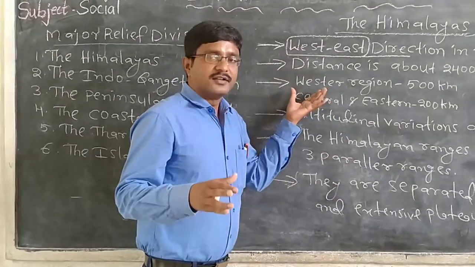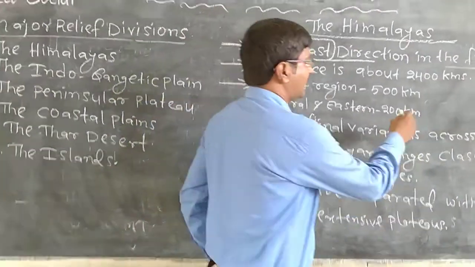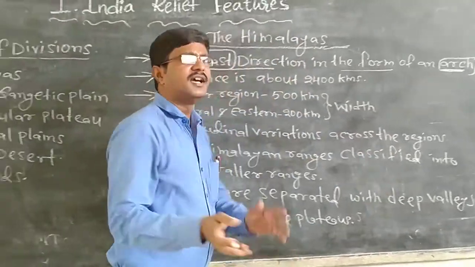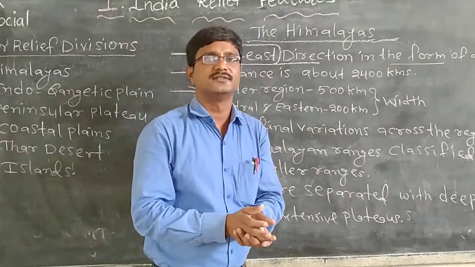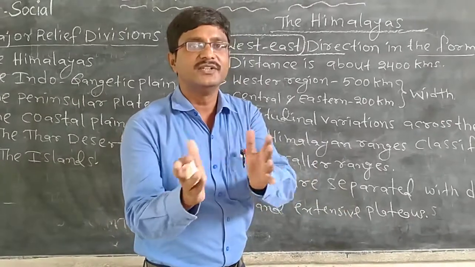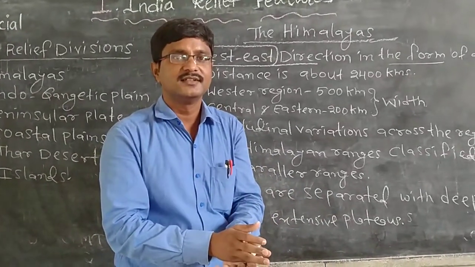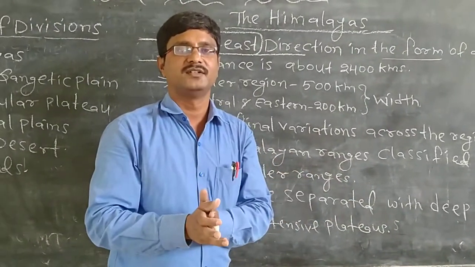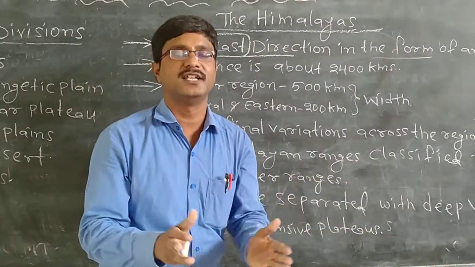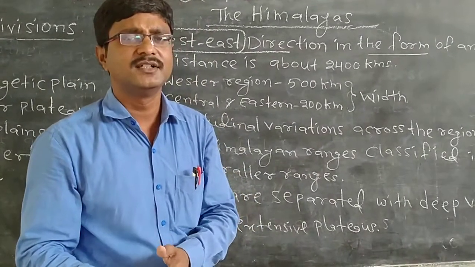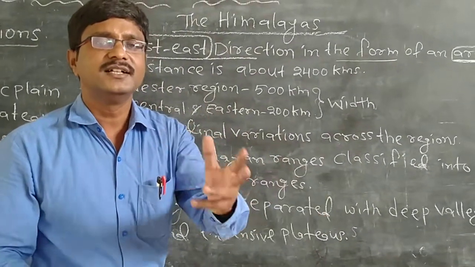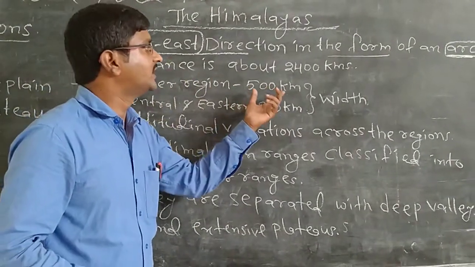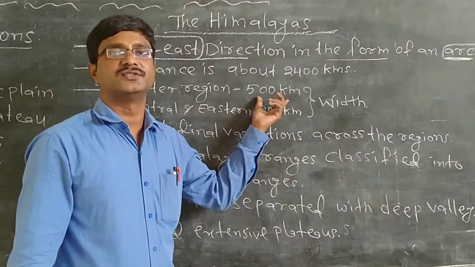So, the width of the Himalayas is different in different regions. It means the Himalayan mountains' width is not the same everywhere. In the western region, the width of the Himalayas is 500 kilometers only.